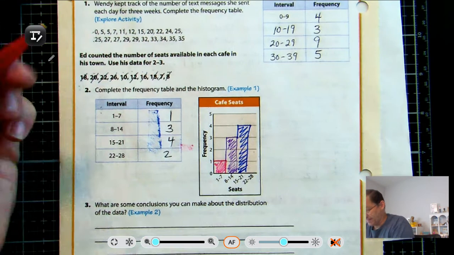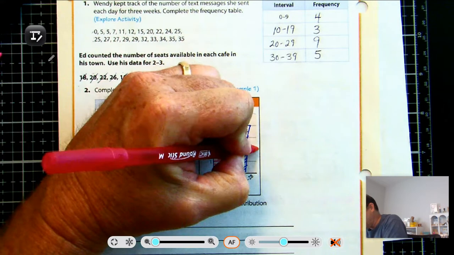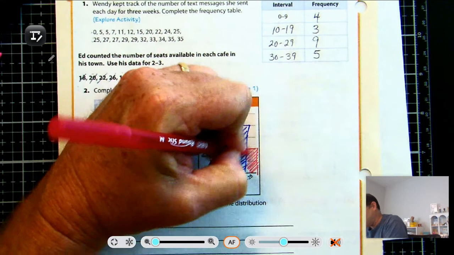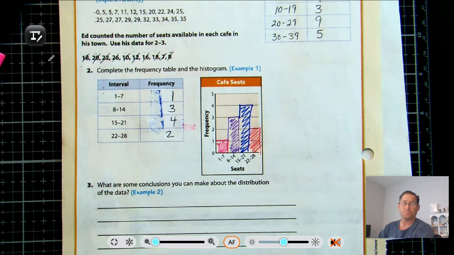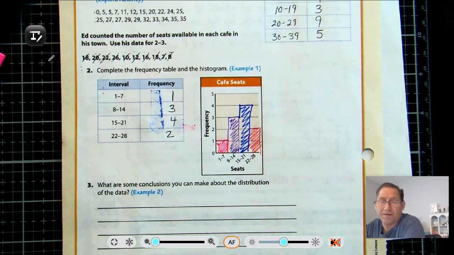And 22 to 28 was 2. All right. So we can see by looking at the histogram that most of the cafes have 8 or more seats.